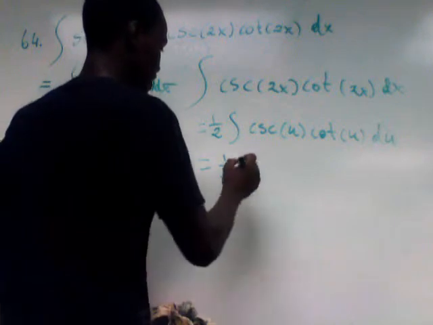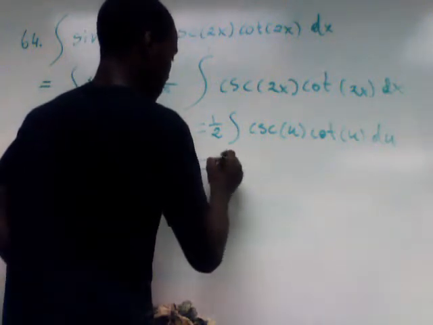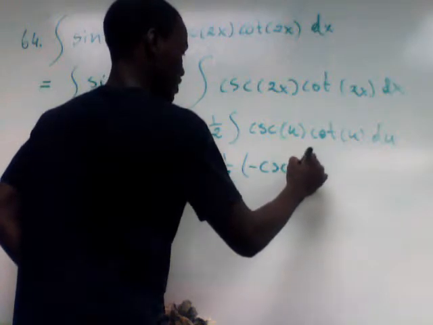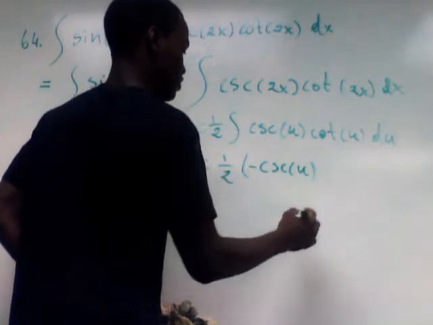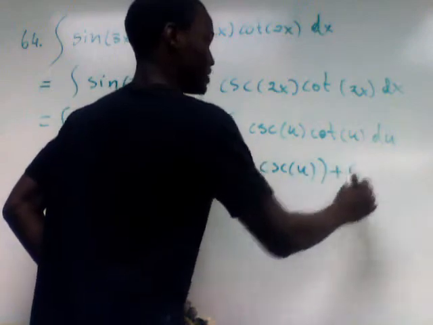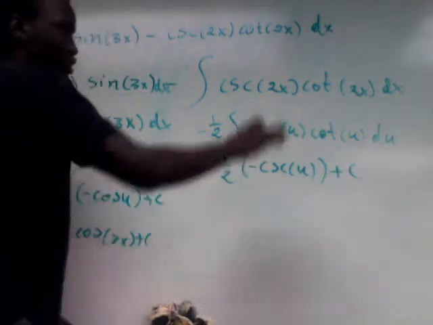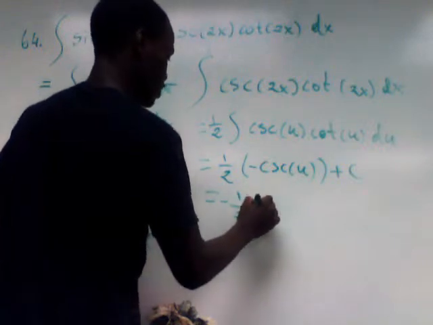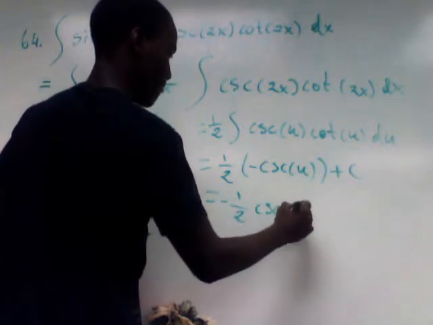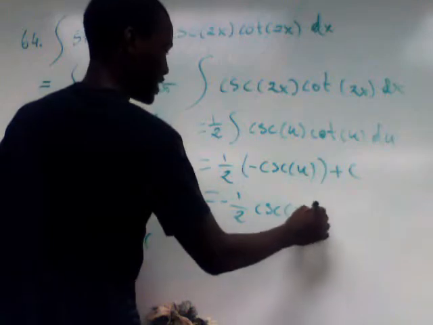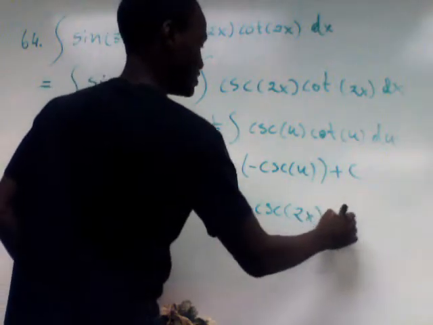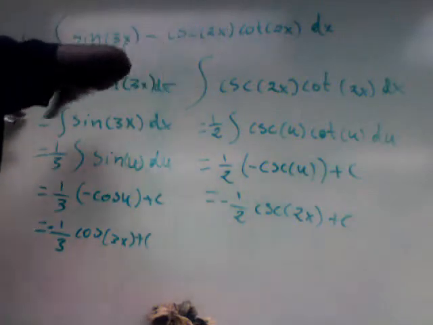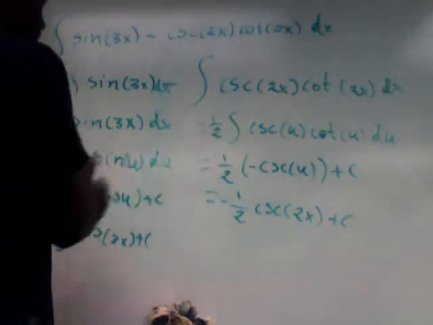So you end up having 1/2 of negative cosecant u plus c, and you want to plug back in your u. So you end up with negative 1/2 of cosecant of 2x plus c.